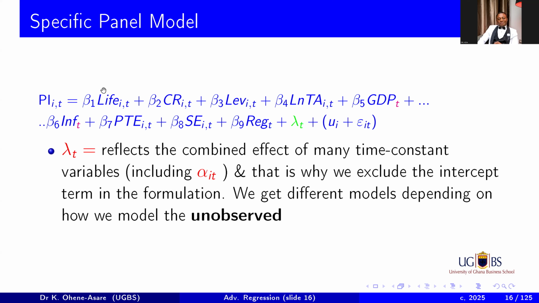So which of these two should be removed? Is it the I that should be removed or the T? Doc, the T. Why? Because it's a dummy as indicated. It doesn't change with respect to time.